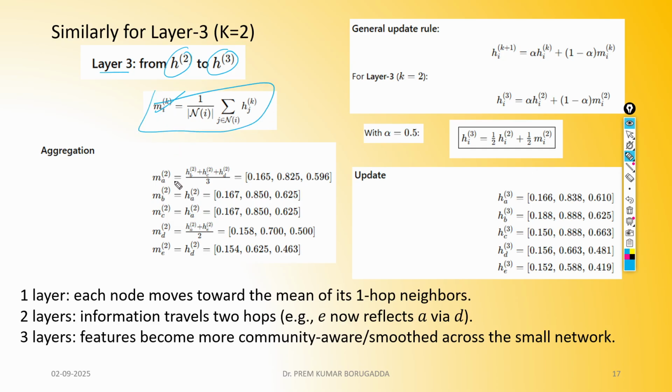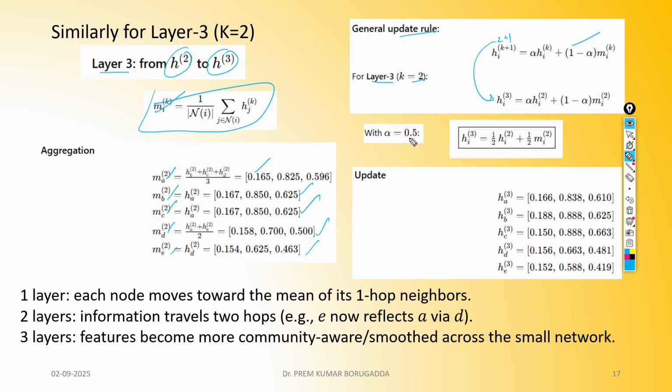By using this formula you have calculated MA2, MB2, MC2, MD2, ME2. The update rule is H_i^(k+1), the same formula as before. For layer 3 the k value is 2, and 2 plus 1 gives H_i of 3, which is alpha times H_i of 2 plus 1 minus alpha times M_i of 2.